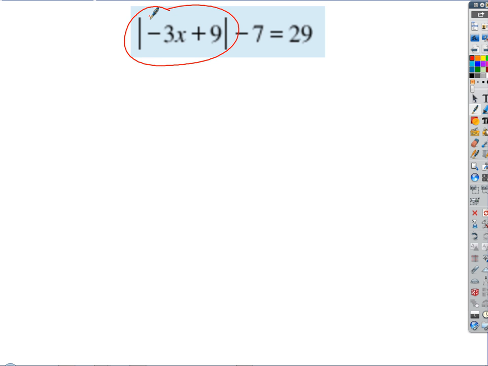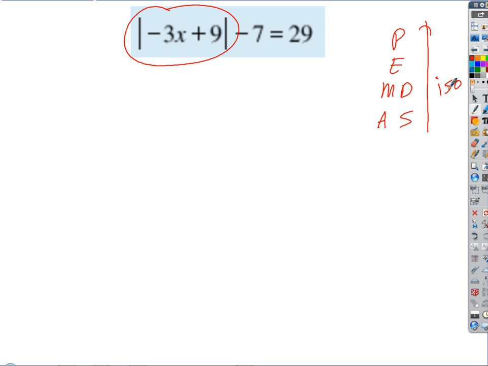Well, let's just talk about that for a second. That might seem kind of strange, like a really hard thing to do. It's not. Isolating something is the same regardless of whether it's a single variable or an absolute value expression, right? If you're ever unsure what to do, you just go backwards through order of operations to isolate.